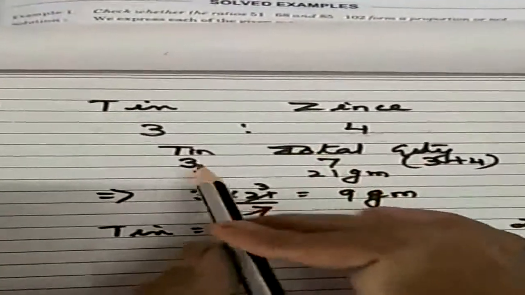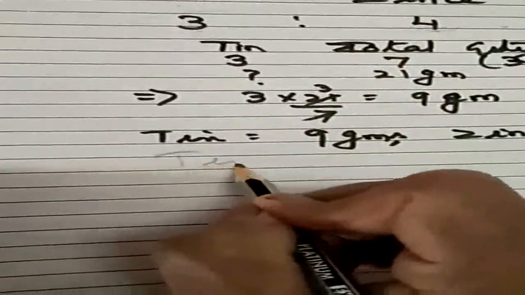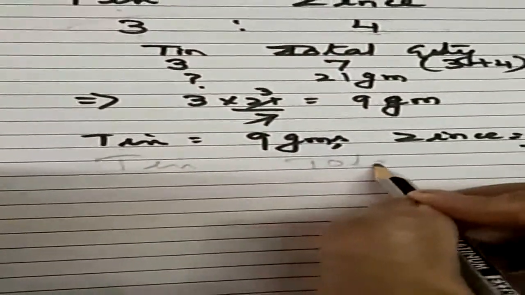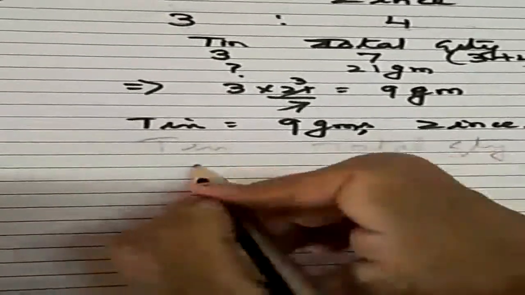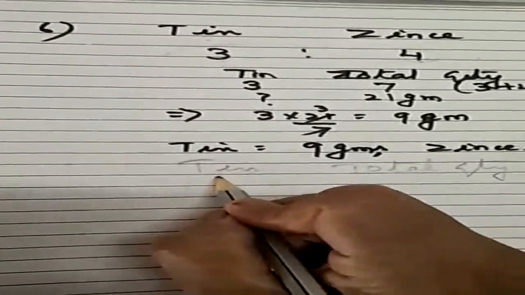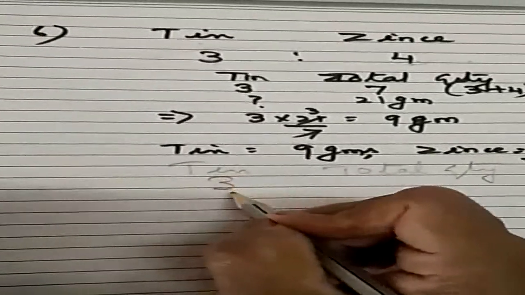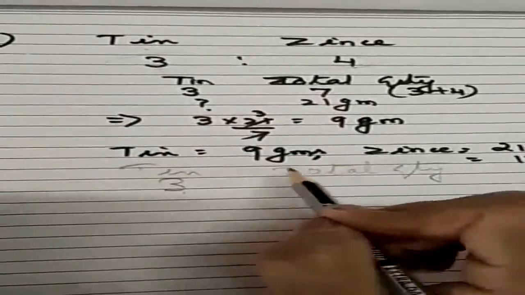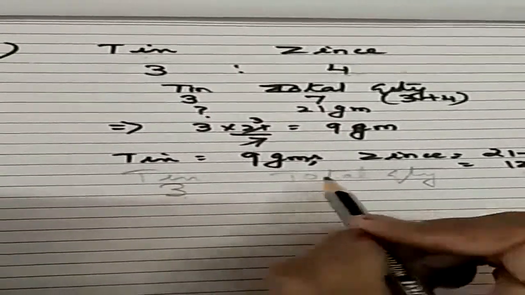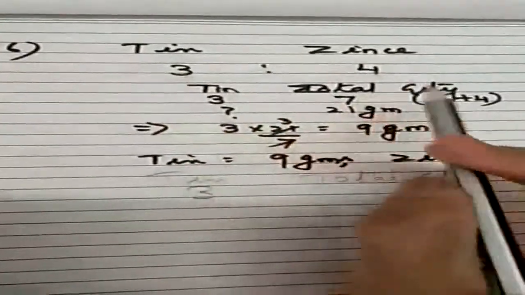Okay, so now you are comparing tin and the total. How much is the tin in the ratio? Tin is 3. And what is the total quantity of tin and zinc in the ratio? 3 plus 4, 7.